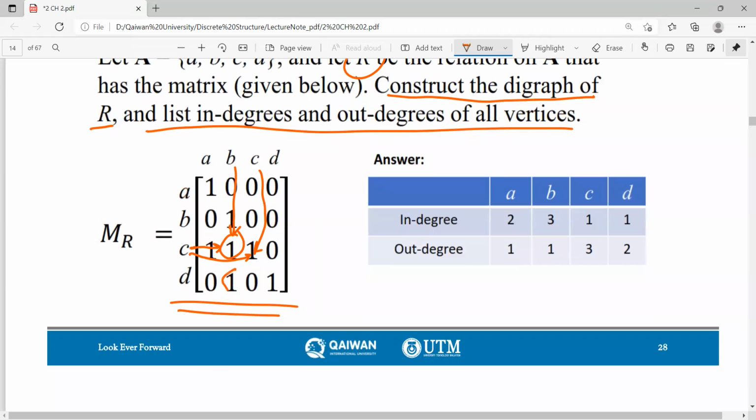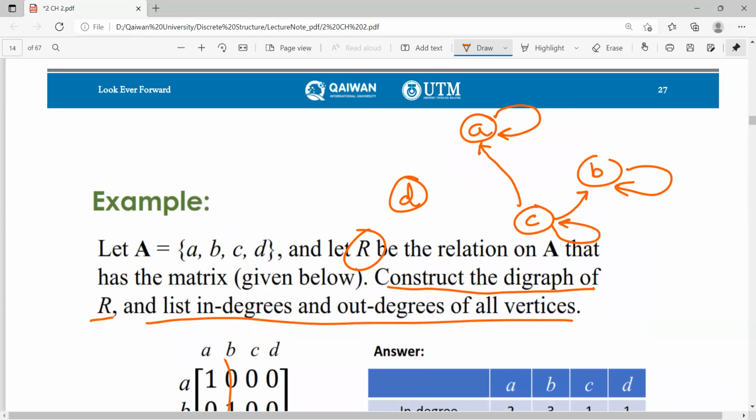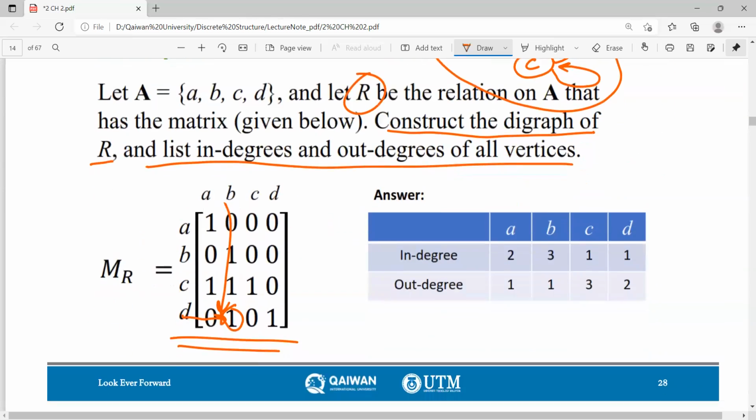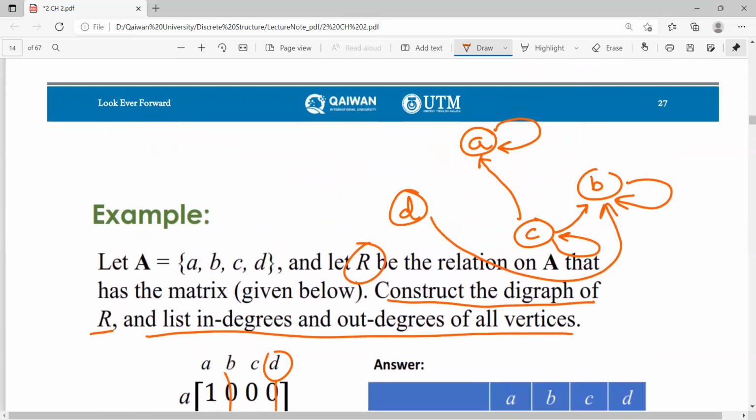Then for D, we have an arrow from D to B, and then an arrow from D to itself.